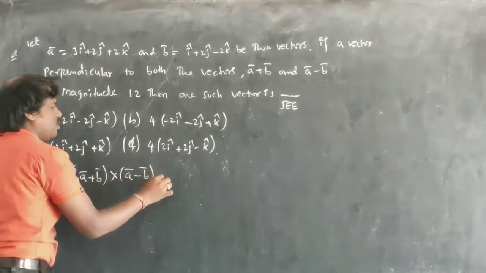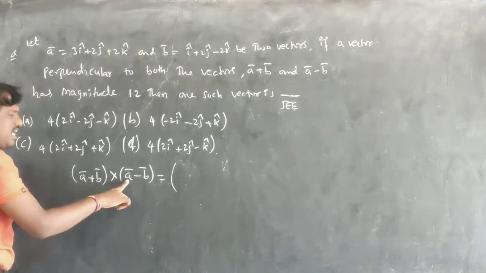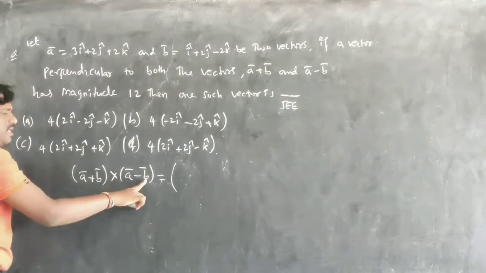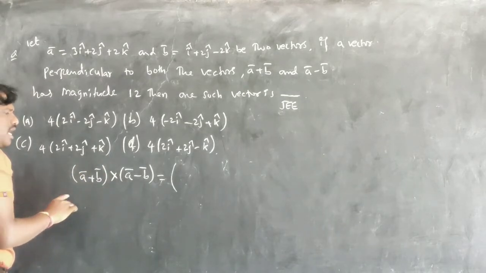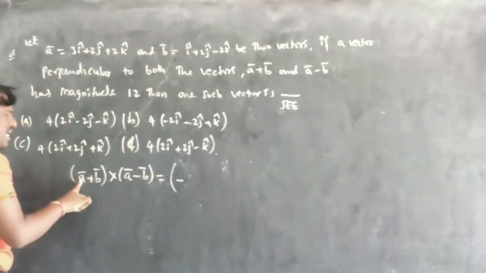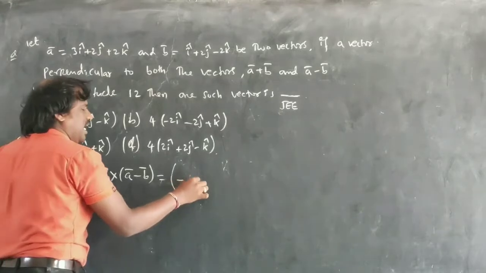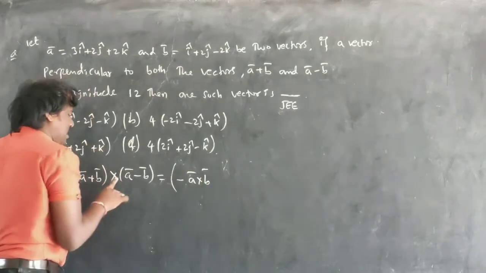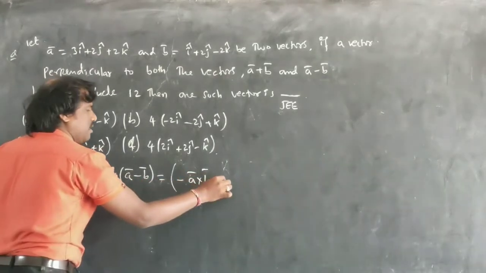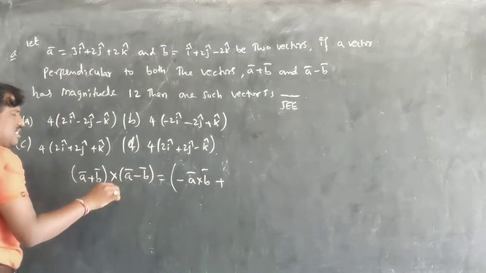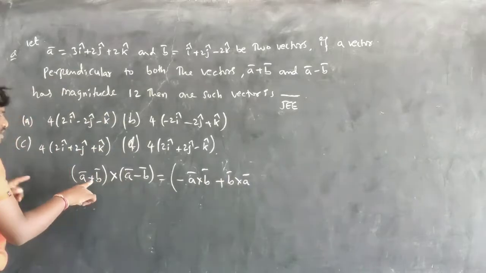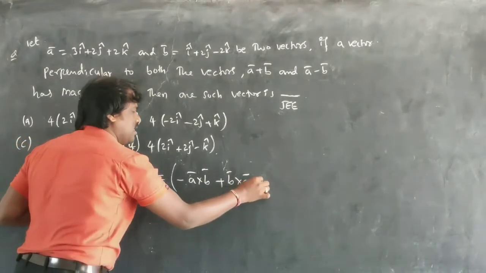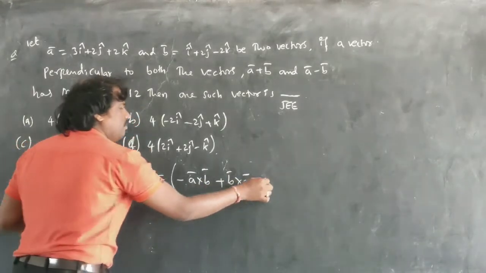Another way is to expand the product. A cross A will be 0. Then I get minus A cross B, and then you have the plus symbol, so B cross A. Then plus into minus gives minus B cross B, and B cross B will be 0.